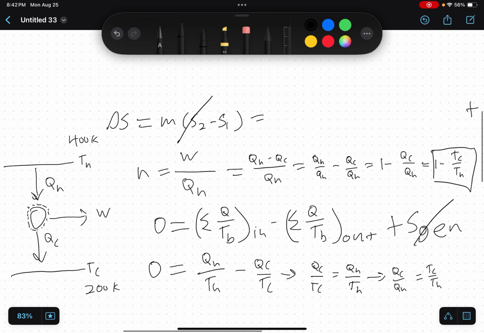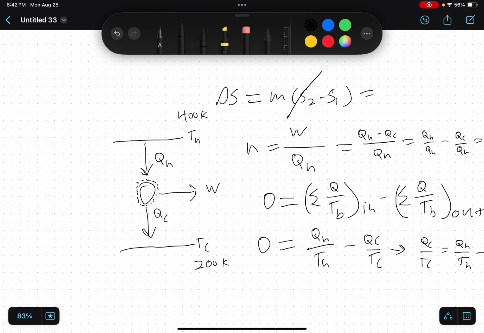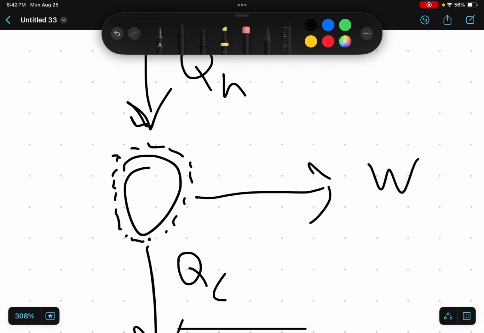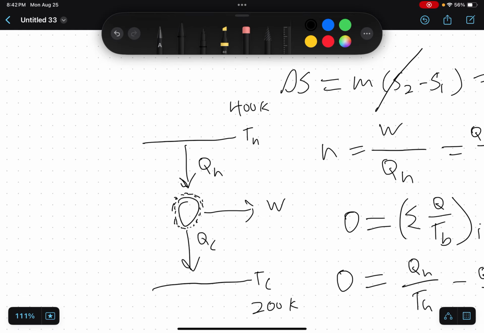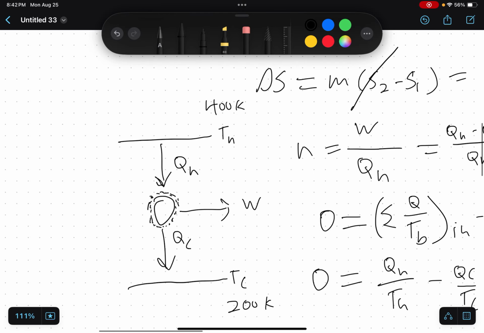So 50% efficient. So it's saying no matter how good your engine is, no matter how efficient the engine is, the highest efficiency that it can possibly get is 50% efficient, which is kind of interesting. Because you would think the highest efficiency of any engine is theoretically 100%, but it's not.